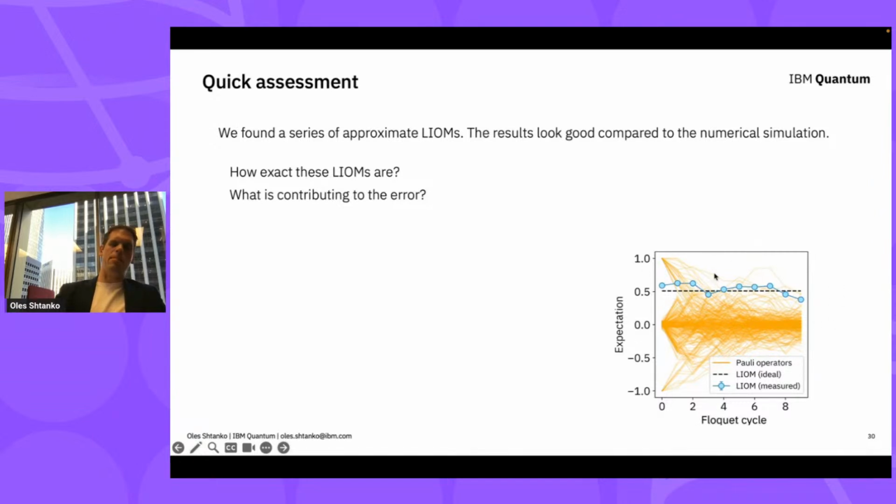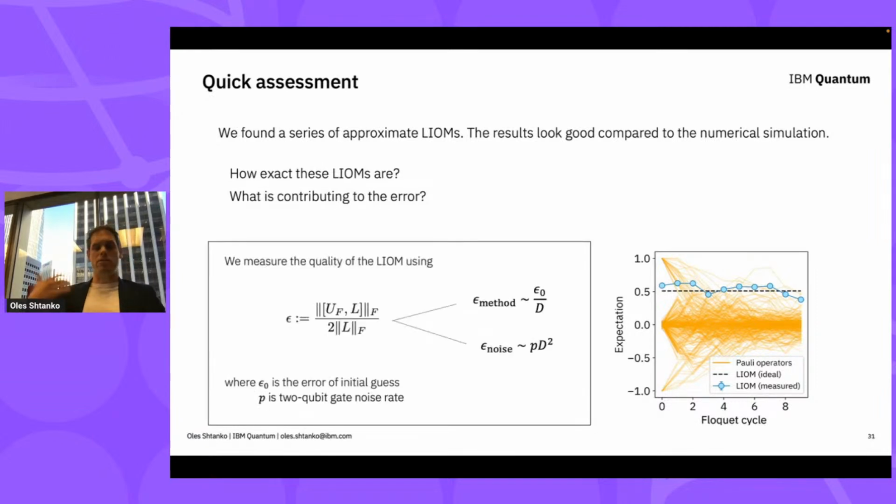This is a typical integral of motion, which we picked randomly from this big set. You see it's not exactly conserved, so it fluctuates, but its fluctuation is much smaller than the fluctuation of Pauli operators. So we get an impressive result, but we still have some error. Now our task is to understand where this error comes from.